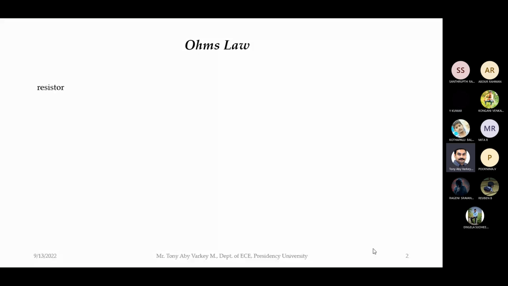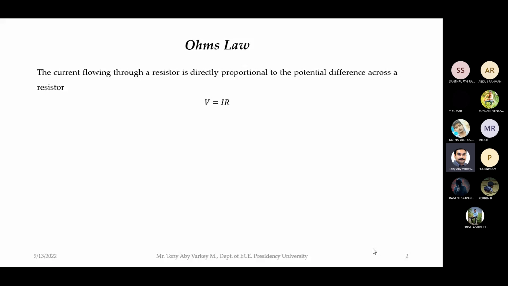That is correct. The law states that the current flowing through a resistor is directly proportional to the potential difference across the resistor, or vice versa. I can write V is proportional to I, or I is proportional to V. So V is equal to I into R, where V is the potential difference or voltage developed across the resistor, I is the current flowing through the resistor, and R is the resistance of the resistor.